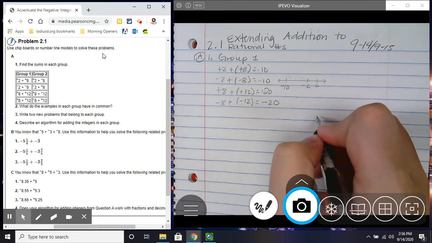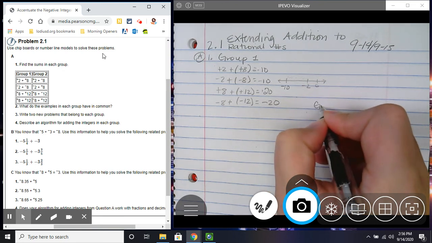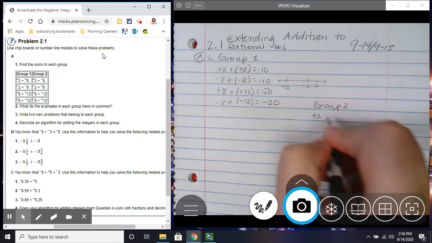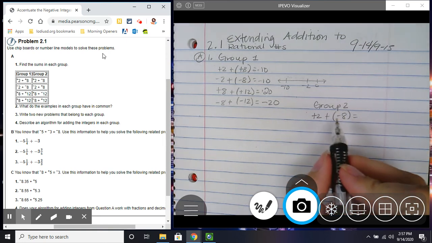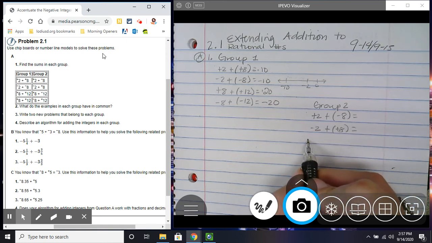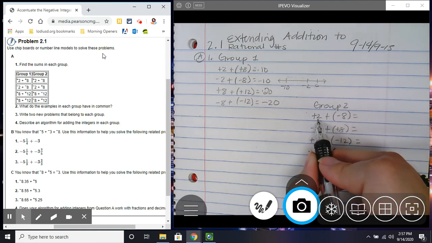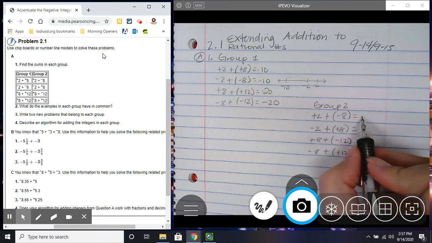The other one, I'm just going to put it kind of to the side over here, is +2 plus now -8. So you have to pay attention to the difference there. -2 plus +8, +8 plus -12, and -8 plus +12. 2 plus -8, -8 is bigger, which means that it is going to be a negative answer.